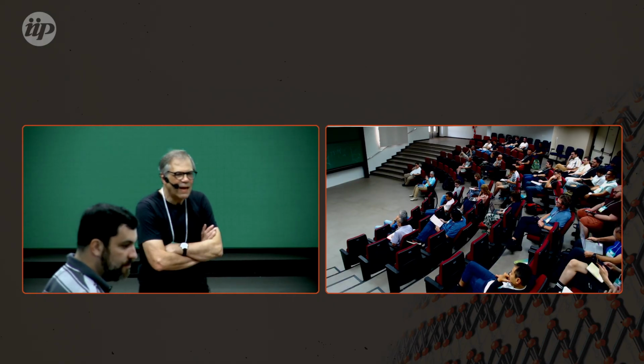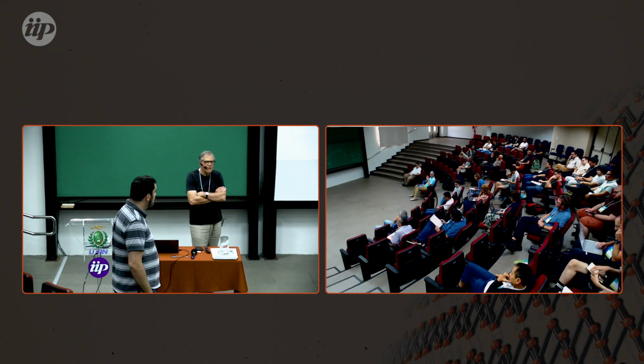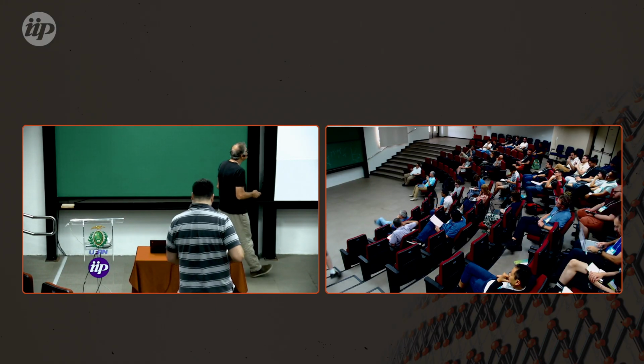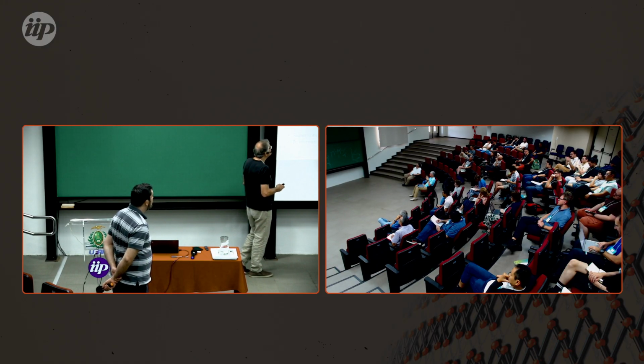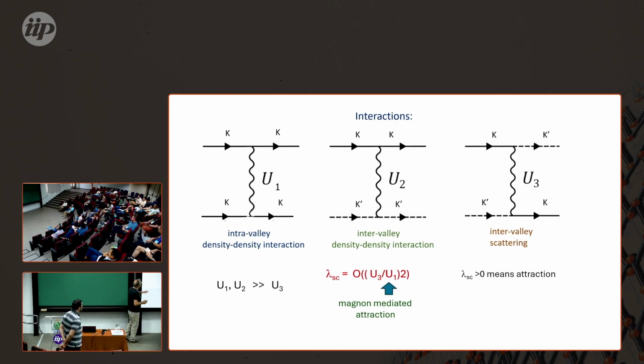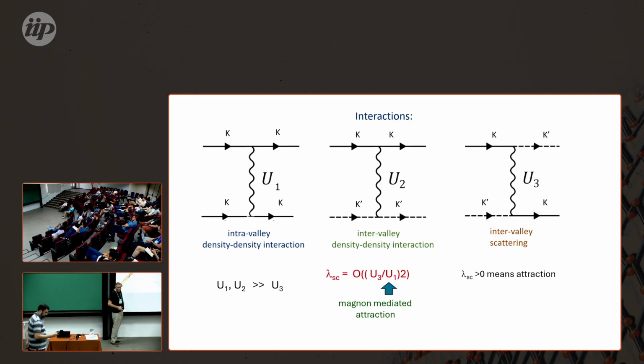Now a question. Could you repeat, because I didn't grasp it, the hierarchy between the three U's when you have two valleys? Yes, here it is. So this is small, this is interaction within a valley, small momentum transfer.